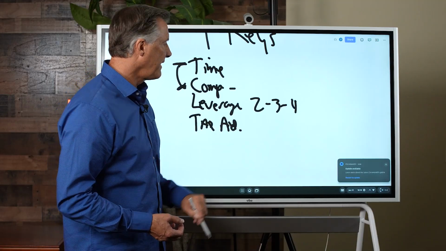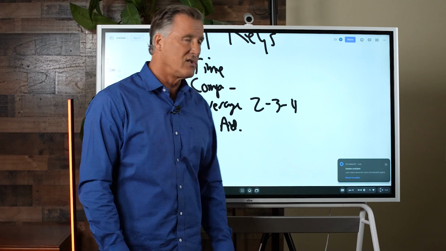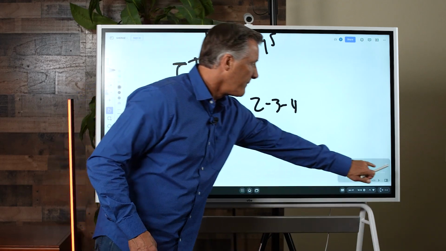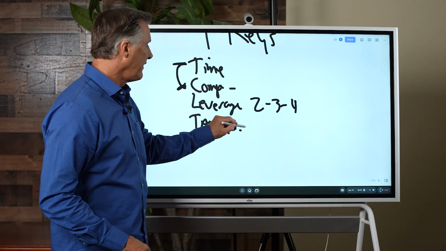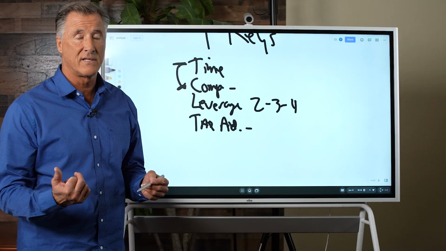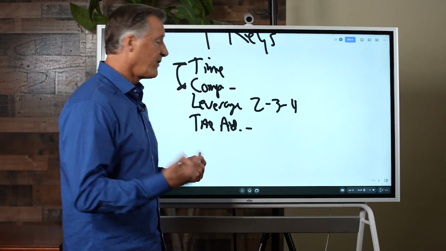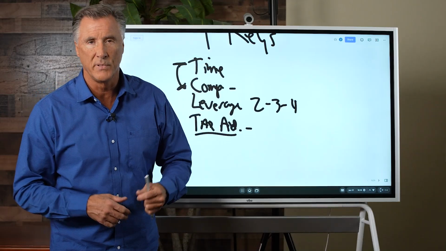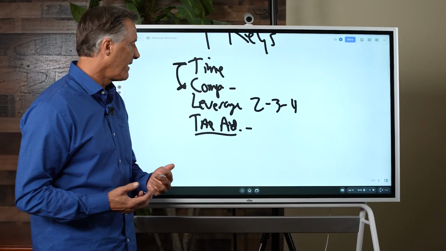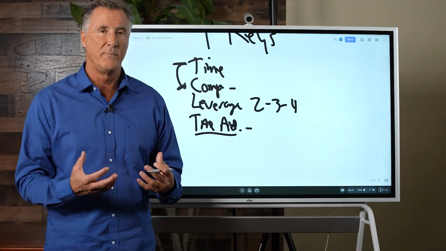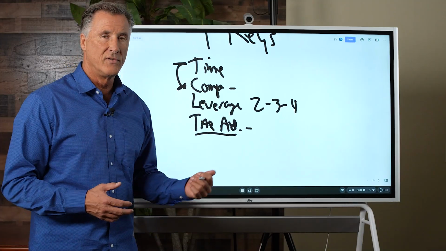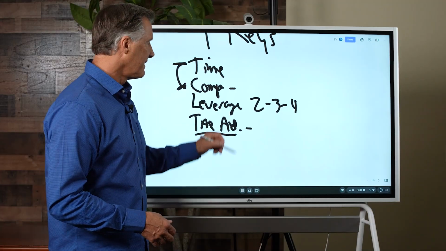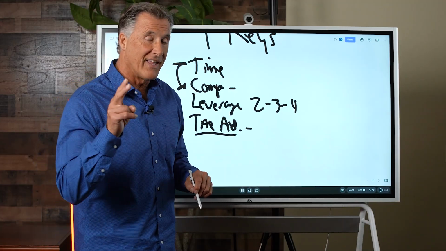And finally, we want to look for some tax advantages. Anytime we can get tax advantages that give us either a reduction in our income taxes or tax-free income, that's huge. Taxes are the single largest bill that any of us will pay in our lifetime. So the easiest way to build your wealth is just to reduce or eliminate taxes legally and ethically.